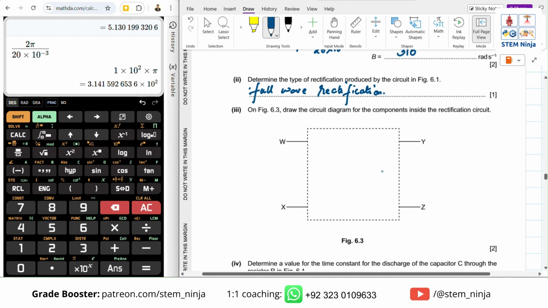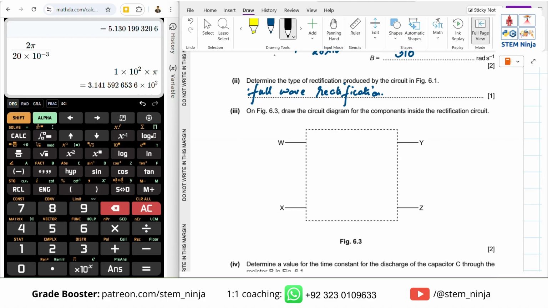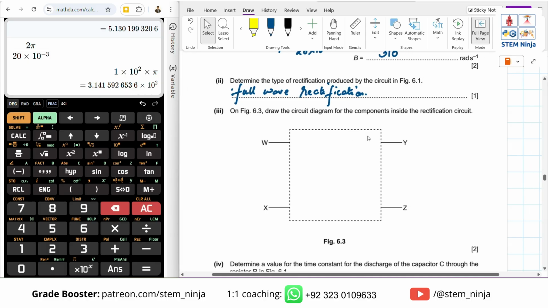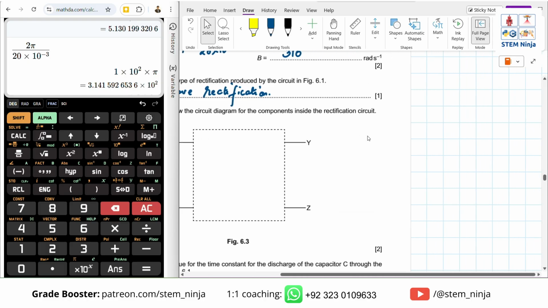On figure 5.3, draw the circuit diagram for the components inside the rectification circuit. Now, there are different ways we can make this design depending on how you prefer it.